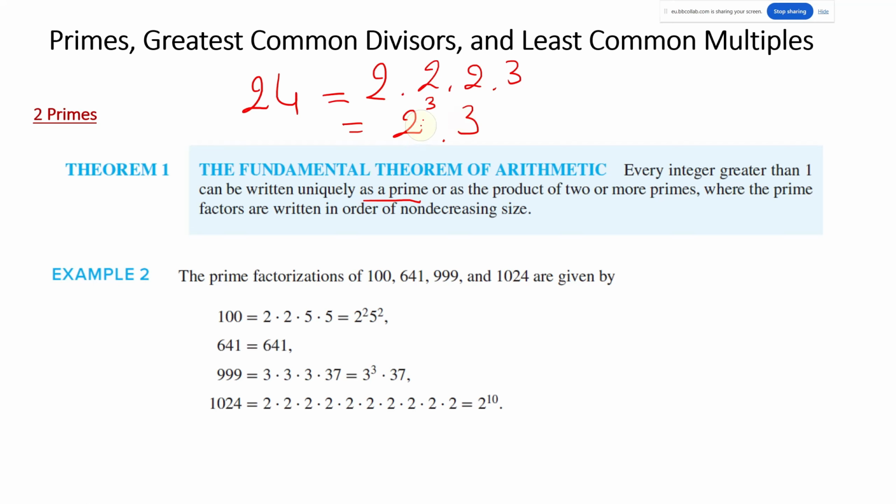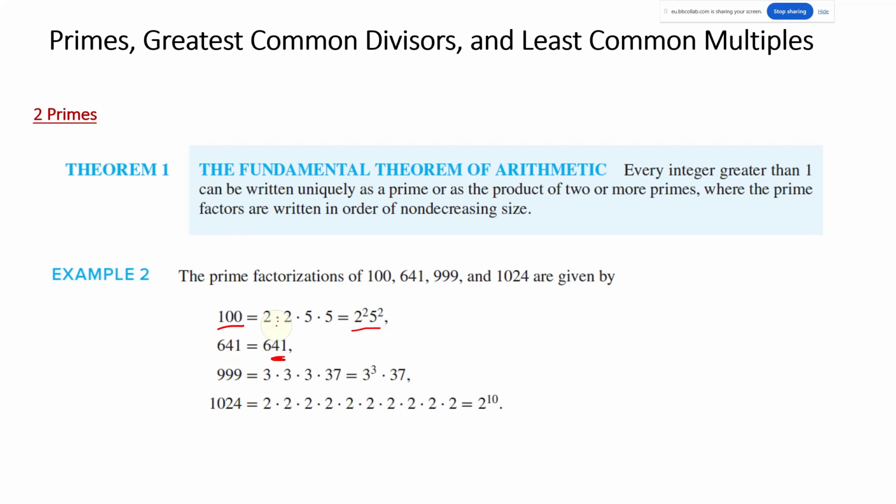This is a product of primes, as you can see, and they are in increasing order. So it's within an order of non-decreasing size, which means the primes keep increasing. So that's the idea. Every number, I can represent as a product of primes that are increasing, or as a prime itself, if this is the case. Now, how do I know?